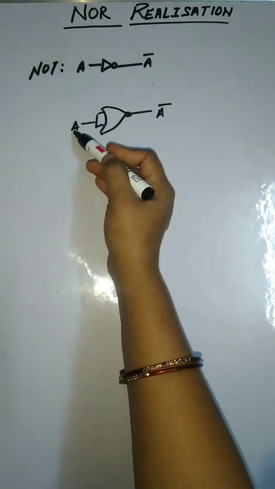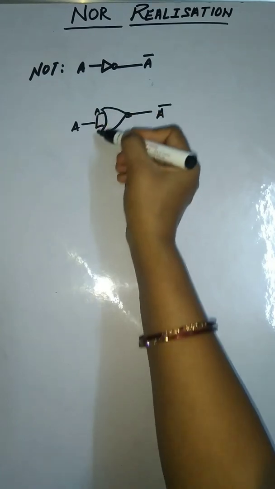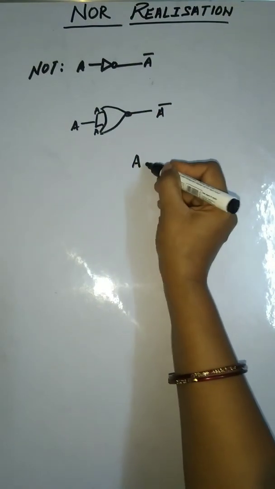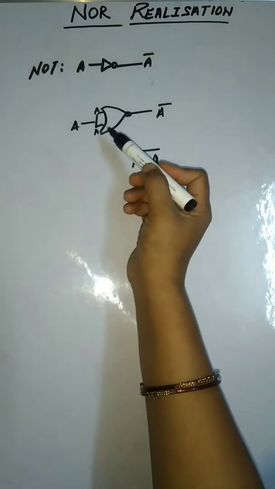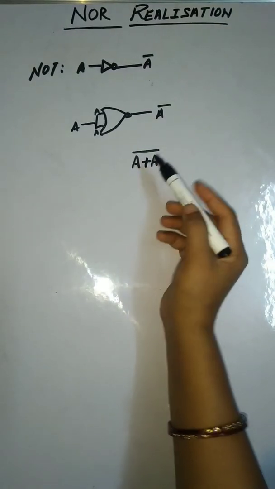If we are passing a variable here, an input, both inputs are A, so it will produce (A + A) whole bar. According to the NOR gate, it will produce (A + A) whole bar.